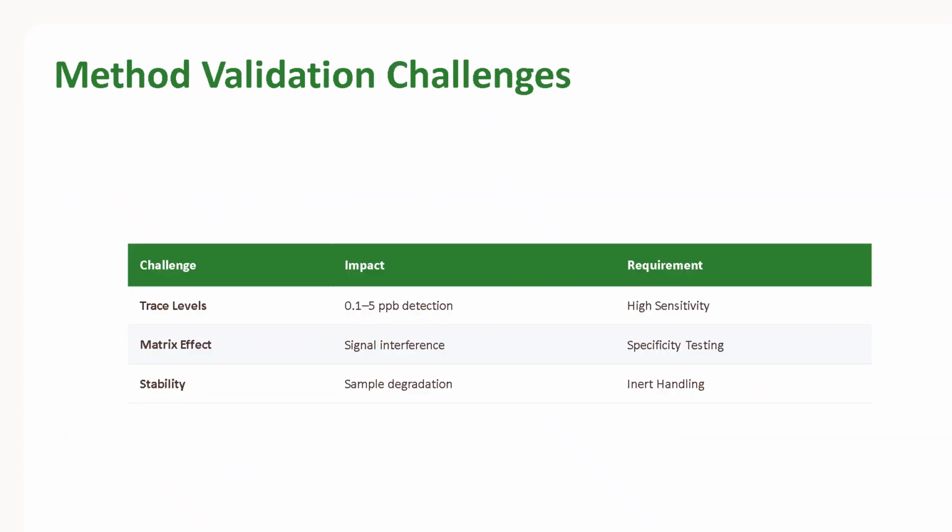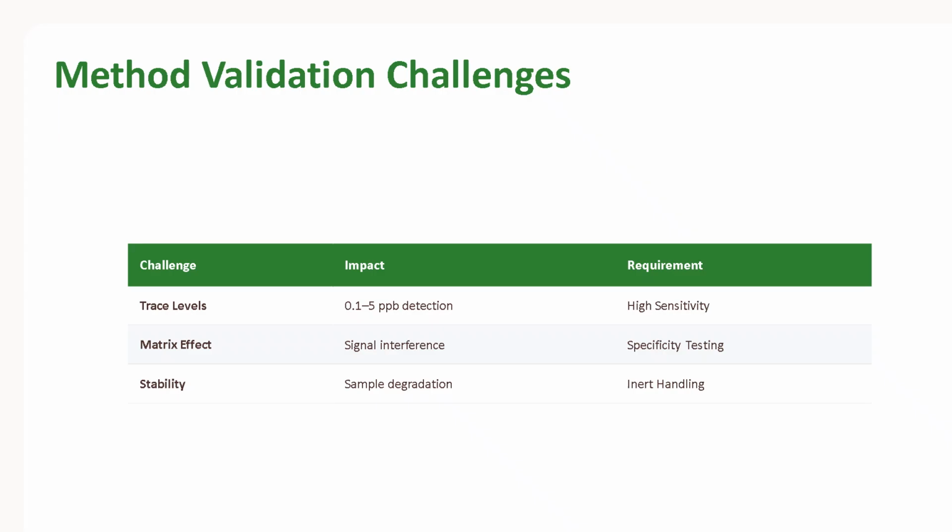Developing analytical methods for genotoxic impurities comes with several technical challenges. First, the detection limits are extremely low, sometimes between 0.1 and 5 parts per billion, which requires very high analytical sensitivity. Second, there is the issue of matrix effects. The complex chemical composition of the drug substance can interfere with analytical signals, making accurate detection difficult.